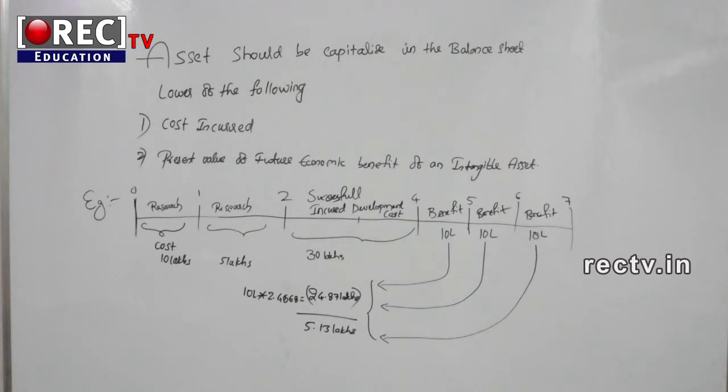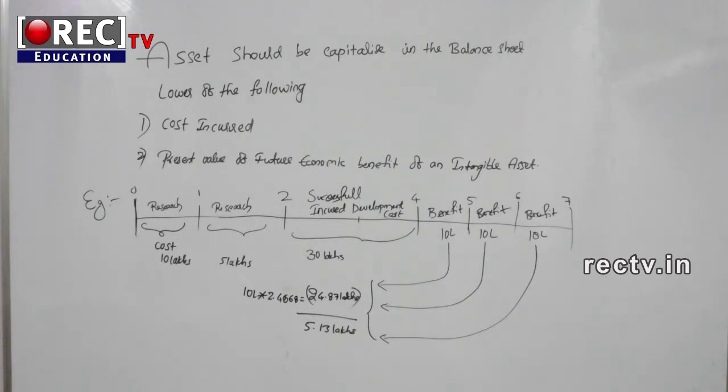From this we can say that the research expenditure incurred in year 1 and year 2 shall be written off to the P&L account, and rupees 30 lakhs incurred towards development can be capitalized subject to the 6 conditions. Whatever 6 conditions we studied earlier, you should satisfy those 6 conditions, then you can capitalize in the balance sheet.